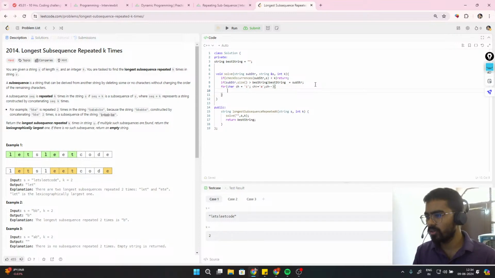Now what will this do? This will call solve again with substr plus this new character, with s, and k will be as it is.